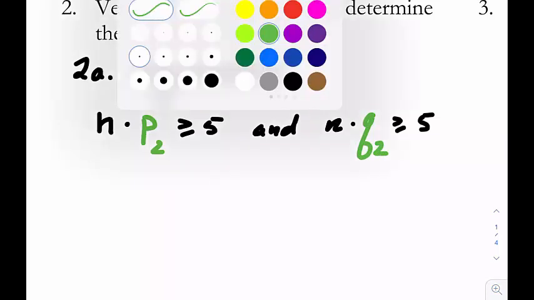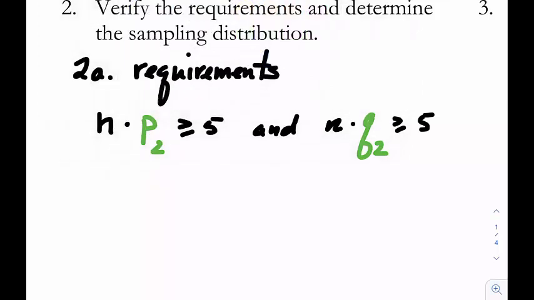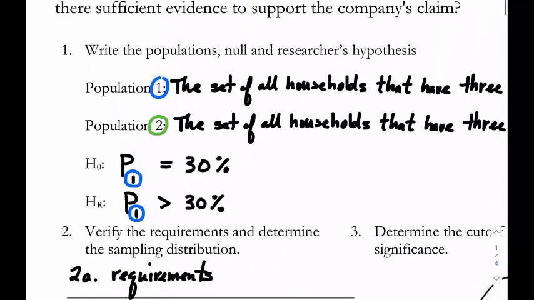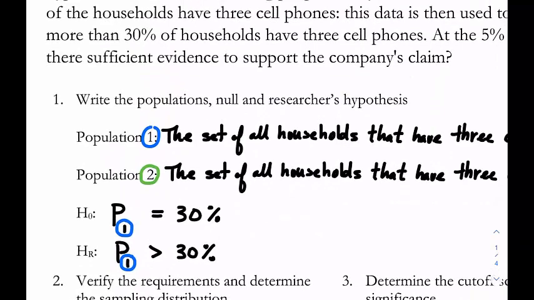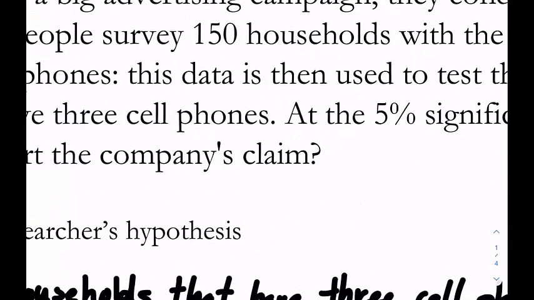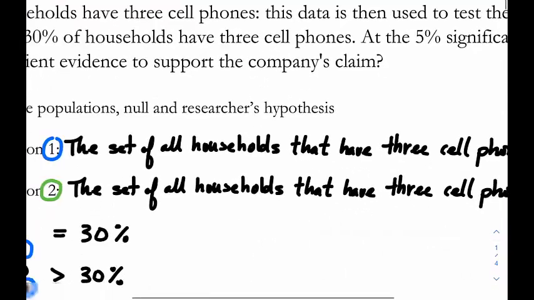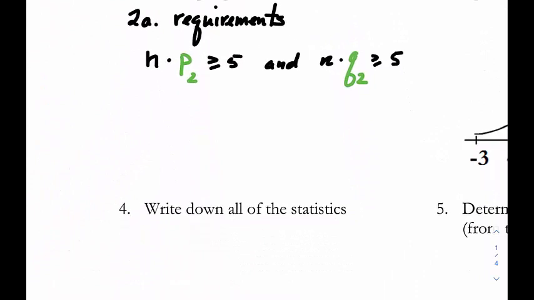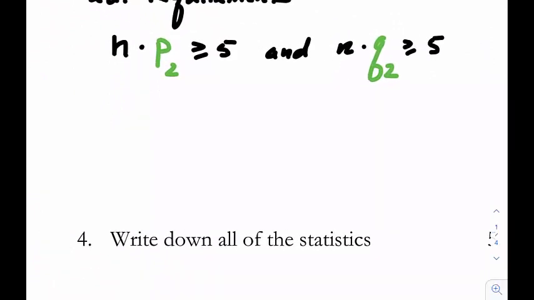So what we're really looking at is the sample size taken here. So with this example, let's look back up at the prompt again. What was the sample taken? The marketing people surveyed 150 households. So what we want to do is take that sample size and multiply that times that claim.